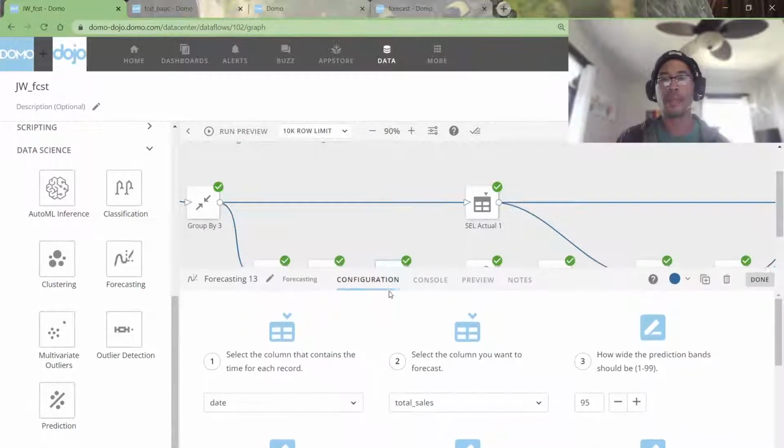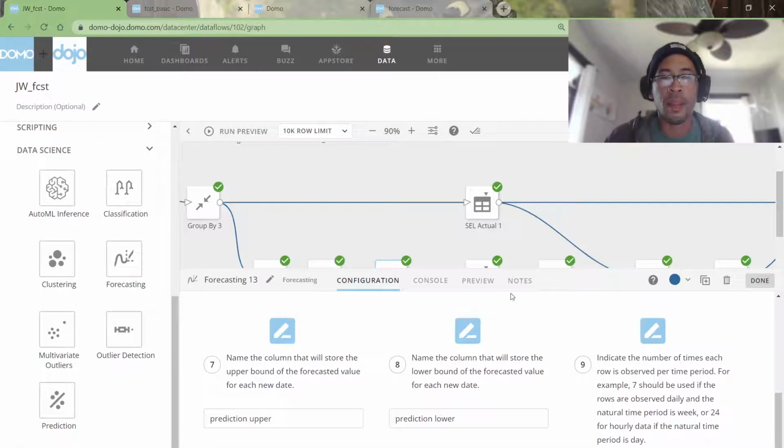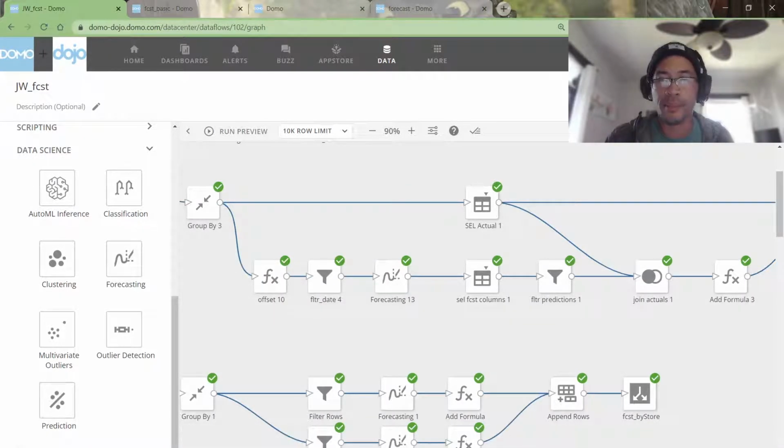I run my forecast. Same parameters, 95 percentile. I'm going to predict, I lied, 14 days into the future. I'm going to consider the previous 90 days worth of data as I'm constructing my forecast. But all of that data is before the 24th, right? Because that's my cutoff. Then I'll construct my forecast.